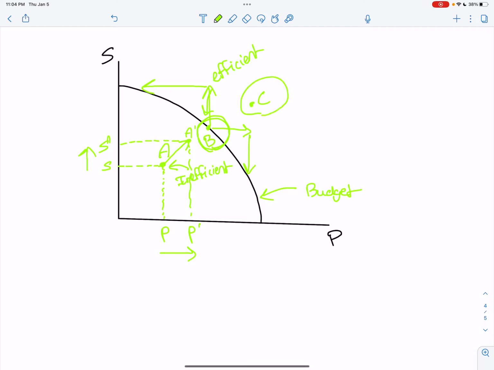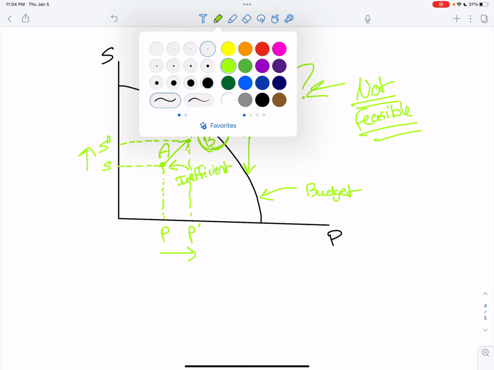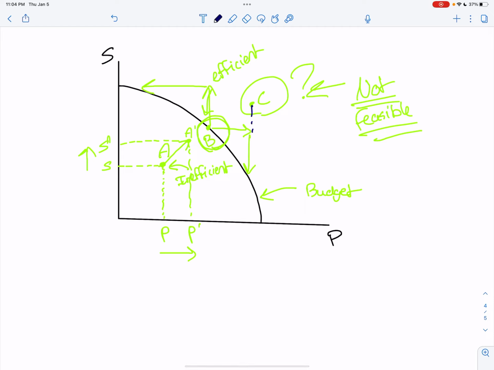So what about C? Is C efficient or inefficient? Well, it's neither. C is simply not feasible. It's beyond the PPF. It is simply not possible to achieve this level. Let's call this X and call this Y. It is not possible, given the society's budget, to produce X parks and Y stadiums.